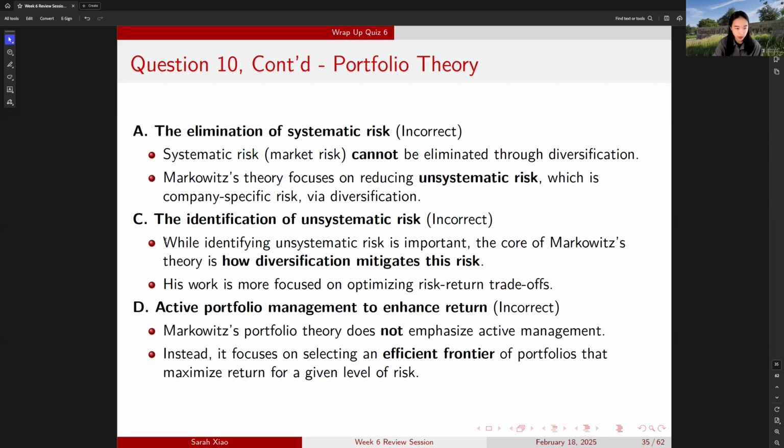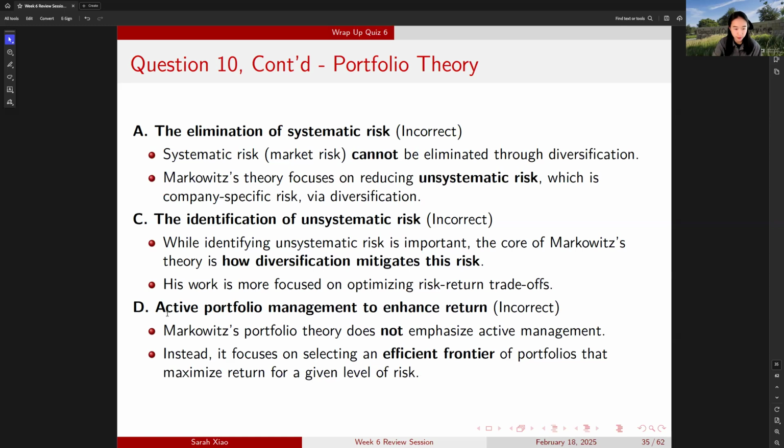For option C, while identifying unsystematic risk is important, the core of Markowitz theory is how diversification mitigates the risk, not just identifying the unsystematic risk. And Markowitz's work is more focused on optimizing risk-return trade-offs.